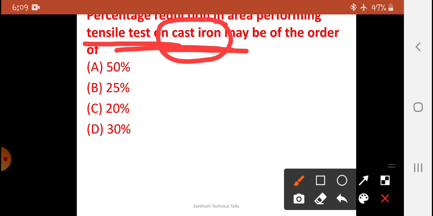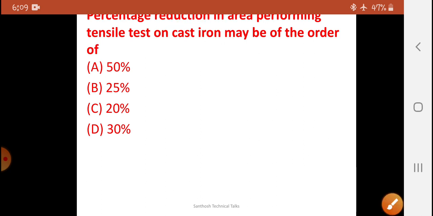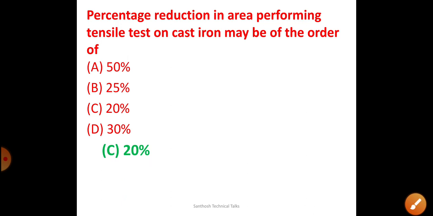We know that cast iron is a brittle material, and we are applying tensile load. So it should be a very, very minimal percentage. If there is a 0, we can straight away tick 0, or if there is a very, very minimal percentage, please make that your choice. If you see none of these, you can take none of these, or 0%, you can take 0%.